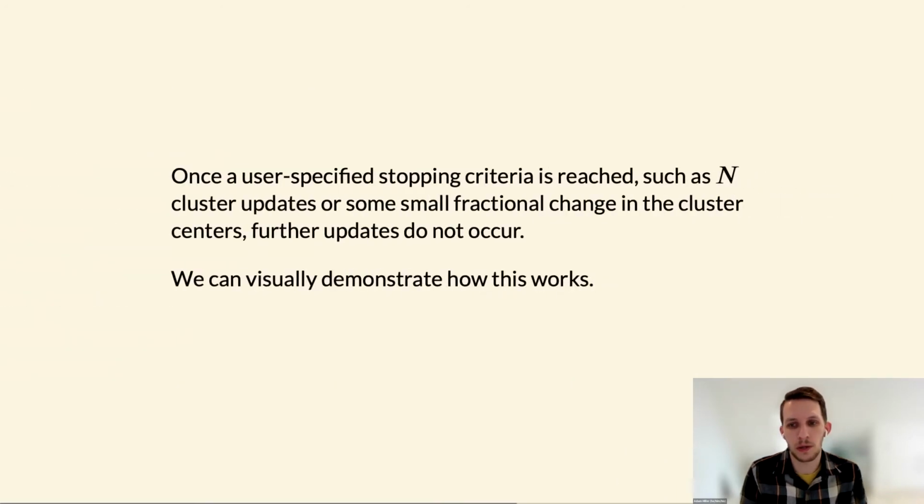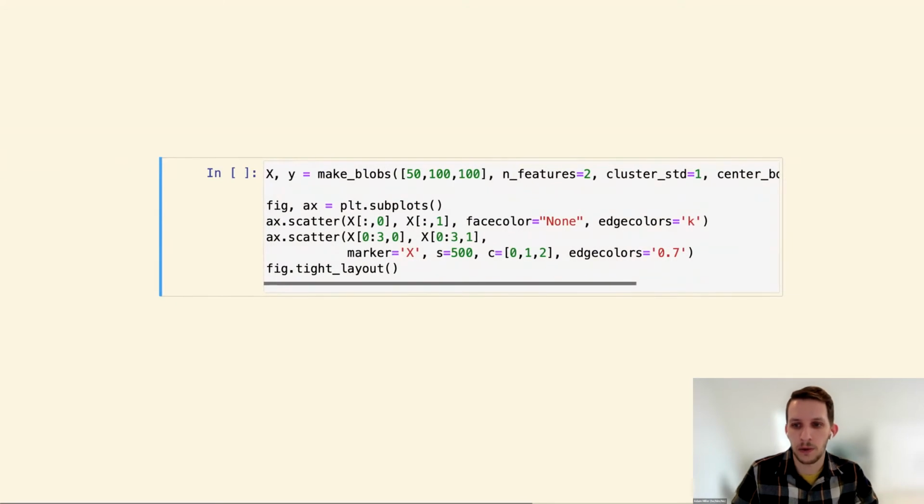Right, so we can see what this looks like by going through some updates of clusters that we simulate in a 2-dimensional space, okay? All right, so here I have a little bit of code. We're gonna make some data, so X and Y. This make blobs function is from scikit-learn, and it will just create a random data set where you have different multivariate Gaussian distributions for your different classes, okay?